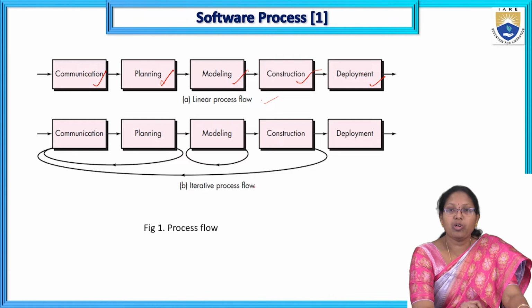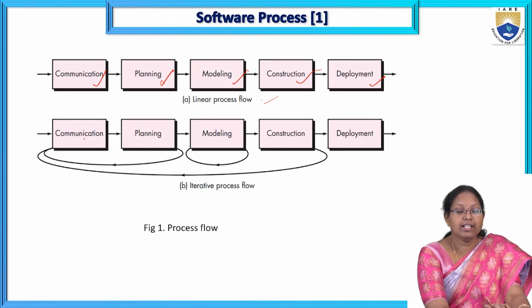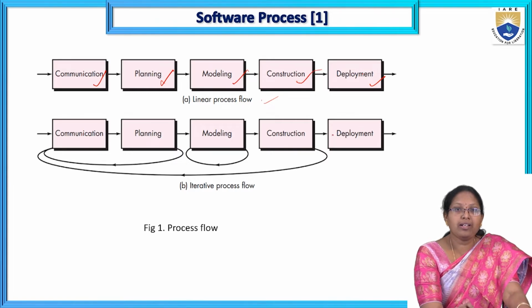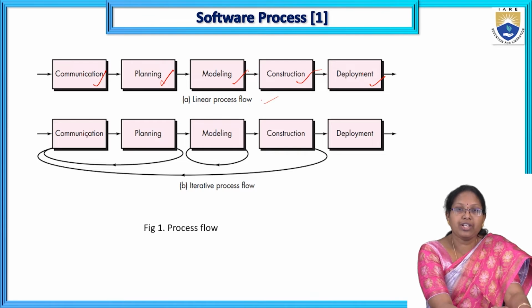Next, let us go for one more process flow, that is the iterative process flow. In this iterative process flow, it contains the same activities, but the activity linking is different. The way of completing the process activities is different. Suppose in the first phase communication is completed, then go for planning.